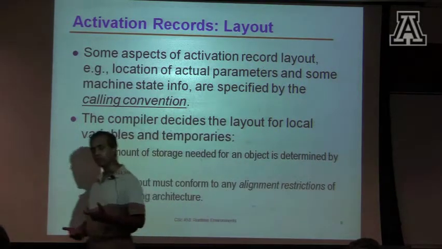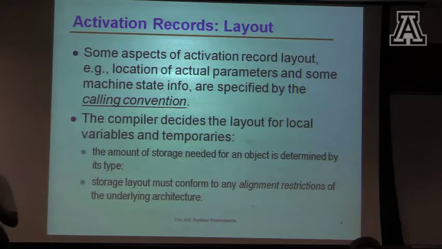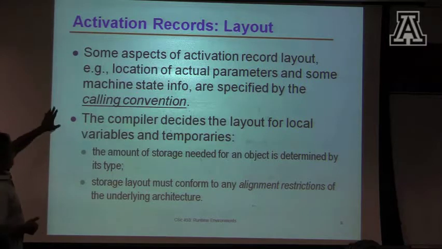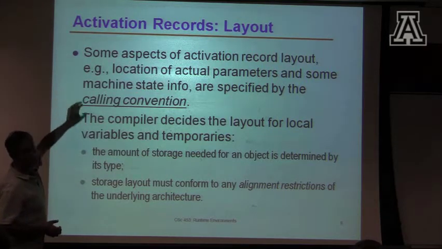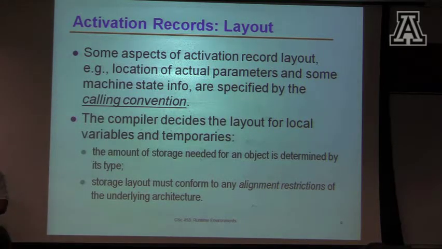Analogously, there's a return convention, which is that when I'm done, I have a return value. I need to place it someplace that the caller can pick it up from, okay? So this calling convention, which is external to the compiler, determines the location and some machine state information.